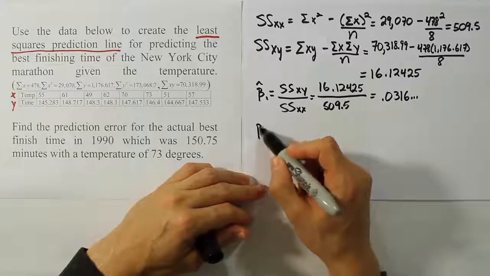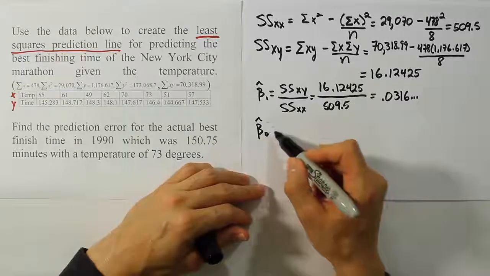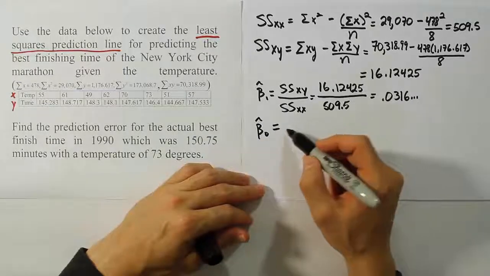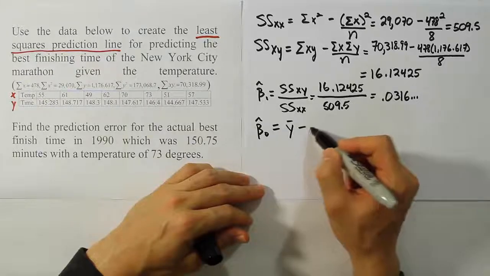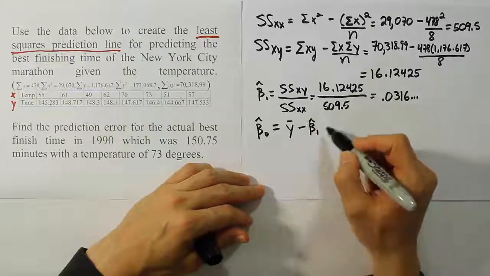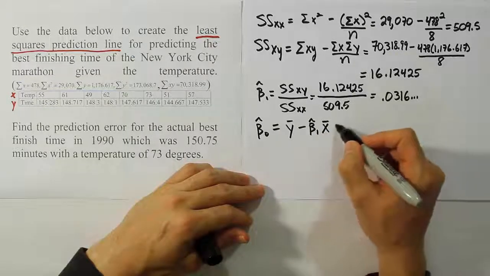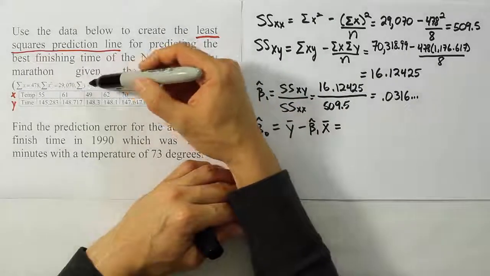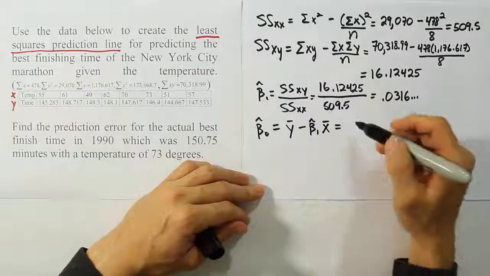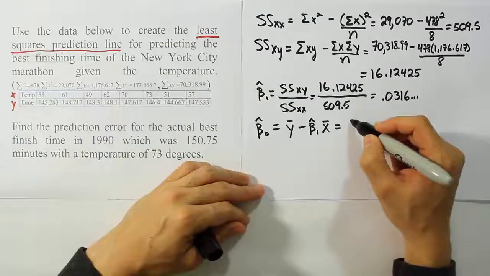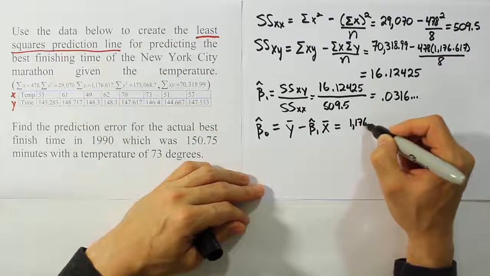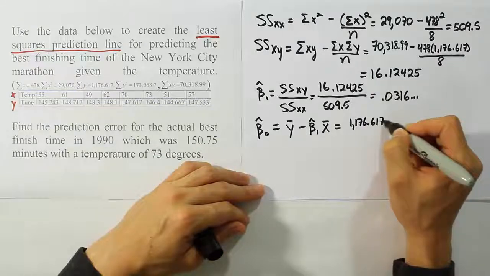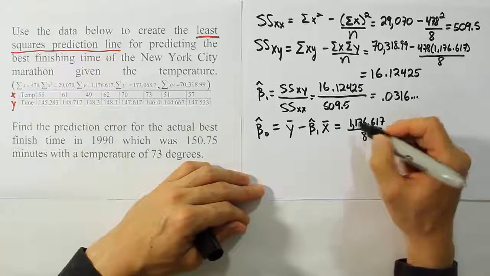So we're going to use beta naught hat, and then we're going to work out the formula as y bar minus beta 1 hat times x bar. Okay, so we need the y bar value, and we can get that by taking the sum of y and dividing it by 8. So we're going to take the sum of y, which is 1,176.617, and we're going to divide that by 8.